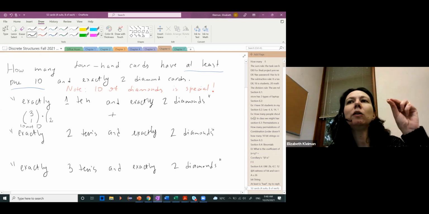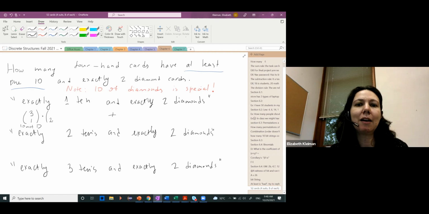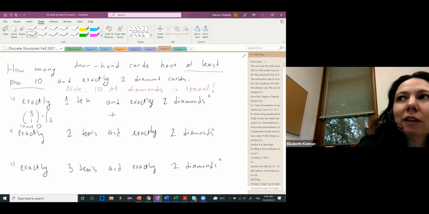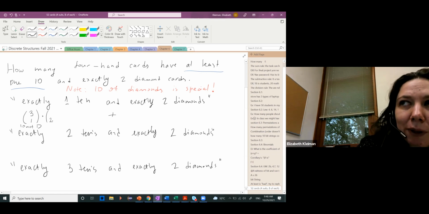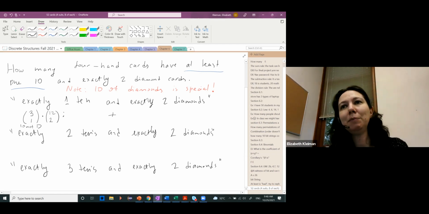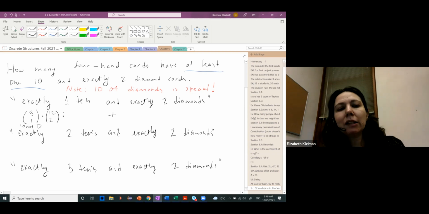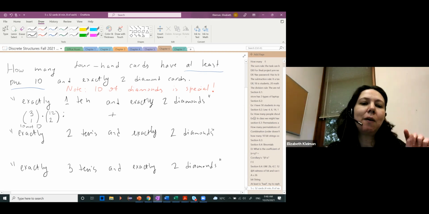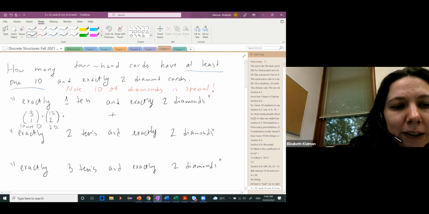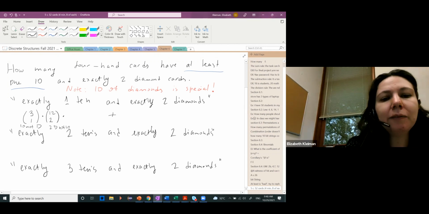Now, it's 2 out of how many, if my 10 of diamonds is not allowed? It is out of 12, because 10 of diamonds is extracted from my possibilities. So now I have these 2 diamonds, not 10.